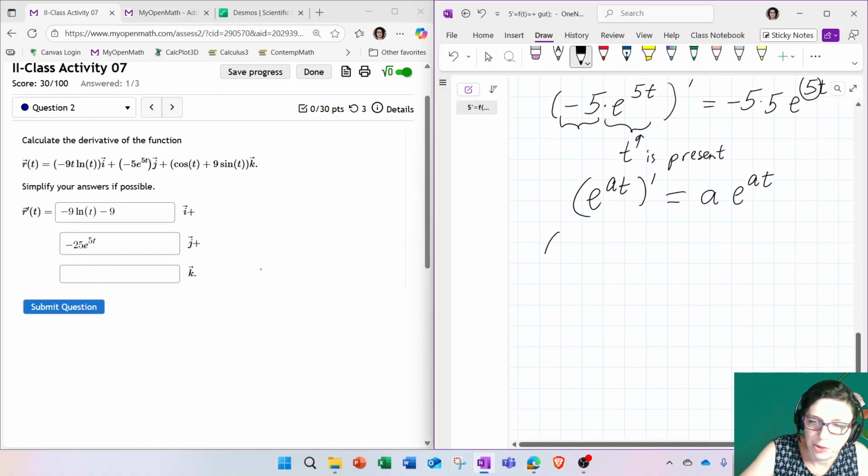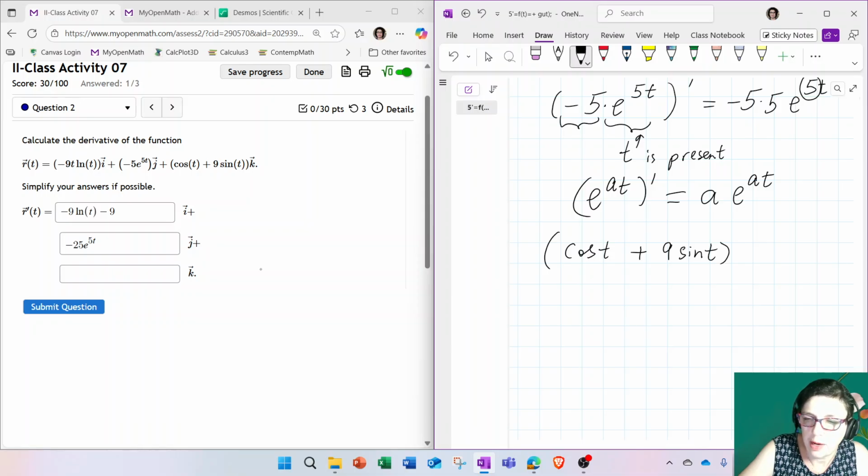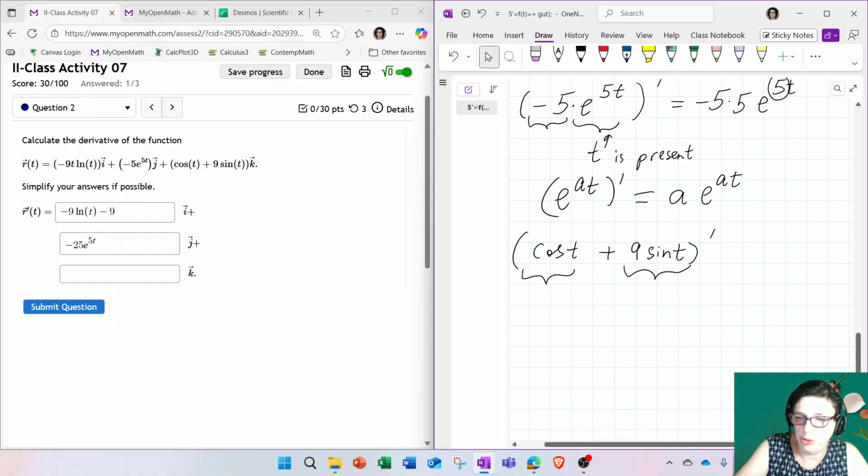So this one is going to be the derivative of cosine t plus 9 sine t. Now, here we're using the property of derivatives that whenever you are adding or subtracting things, not multiplying, you just take the derivative of each part and add or subtract. This is not a product, so we don't need the product rule.